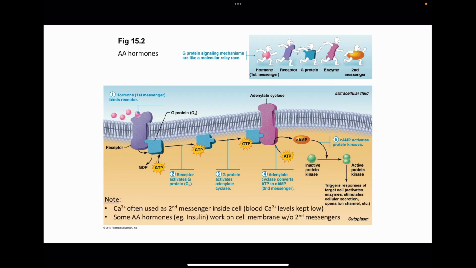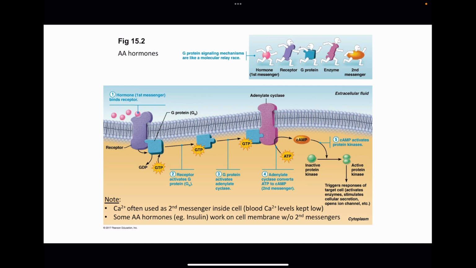One other thing to note, yes, cAMP is the second messenger we use very often, but it's not the only second messenger we use. Calcium is often also used as a second messenger, especially when it comes to oxytocin, which we'll talk about a little bit later.